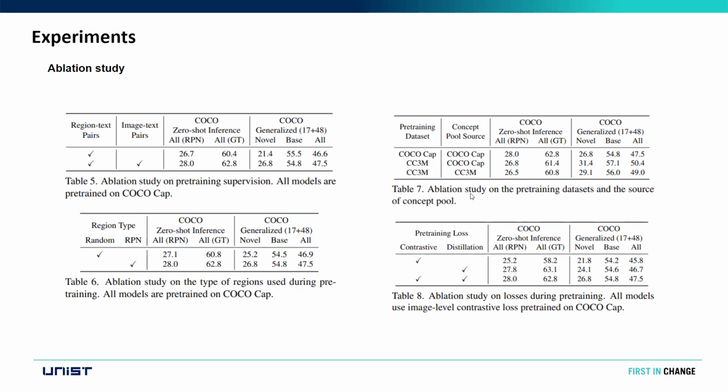So here, this is an ablation study on the pre-training data sets and the source of the concept pool. The concept pool is the words used for making the prompts. And as you can see, when pre-training on the CC3M data set, and then the concept pool from COCO Caption, this gets the highest, this outperforms all other methods.